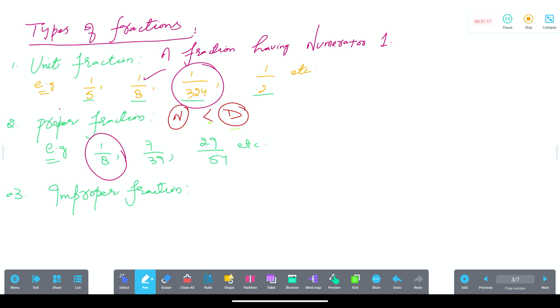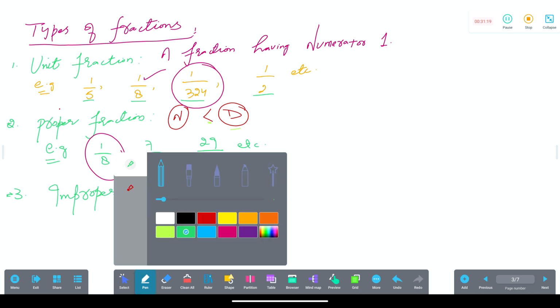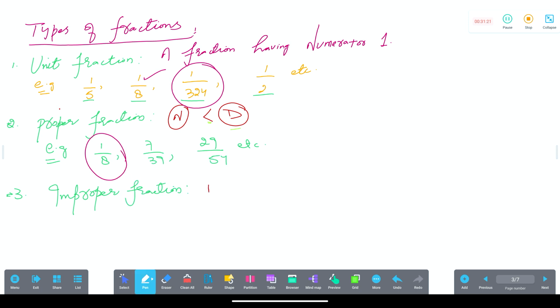Improper fractions are those fractions in which the numerator of the fraction is greater than the denominator of the fraction, just the opposite of the proper fraction. Wherever the numerator is greater than the denominator, we call them improper fractions.